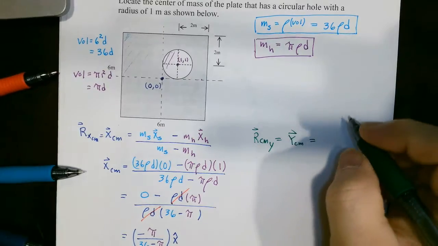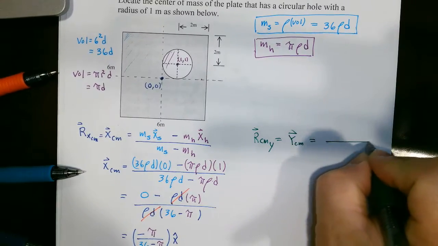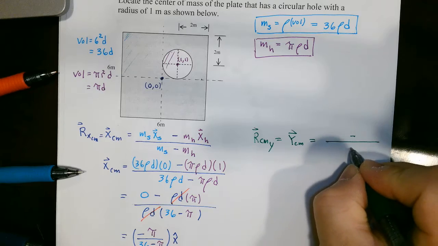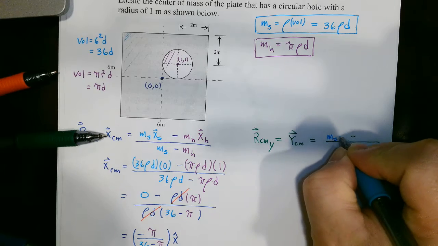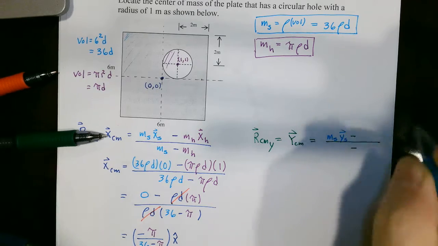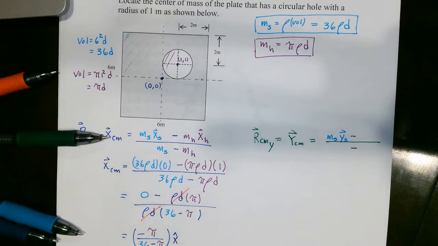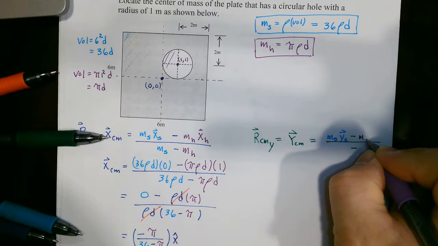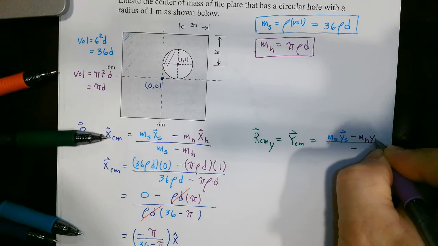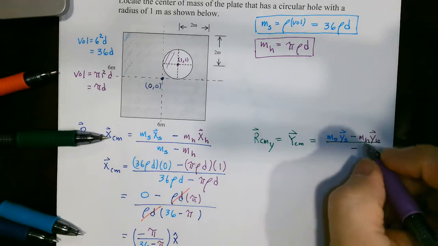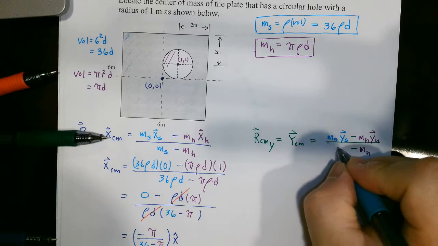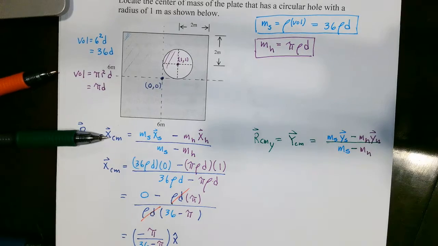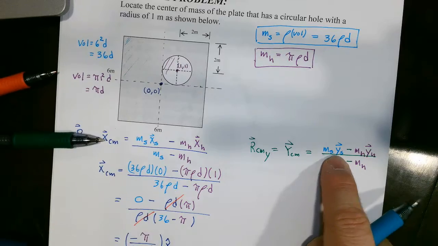So y sub cm is really just nothing more than, right, m solid y solid minus, right, m hole y hole, right, and then m hole here, and the m solid here. Pretty much the same thing, except it's y's.